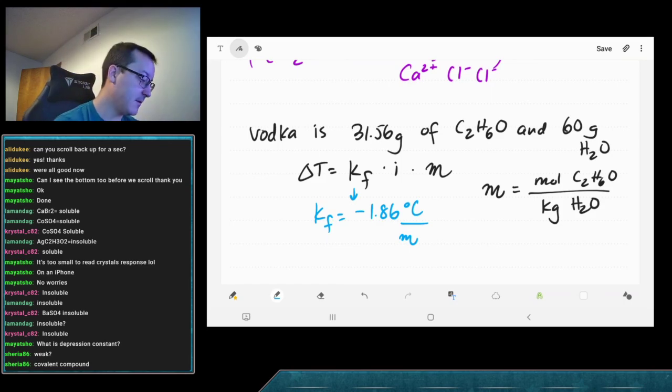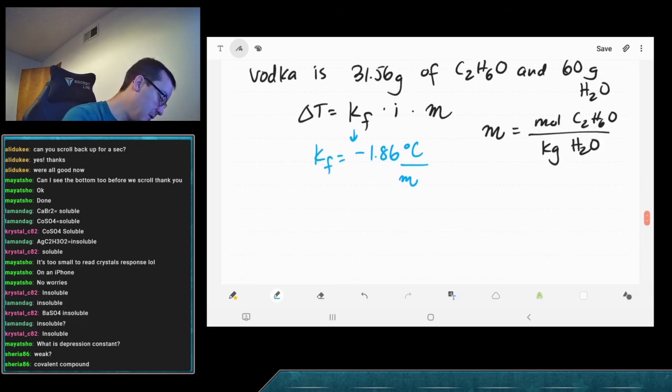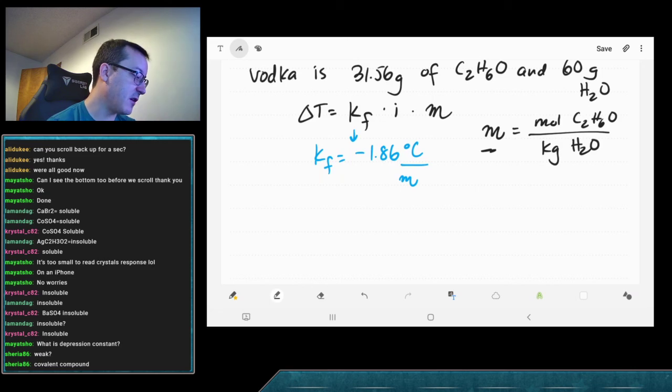Silly chemists. And we already found that i is 1. So now we have to deal with this squiggly m. How are we going to get moles of ethanol from the information that we're given here?